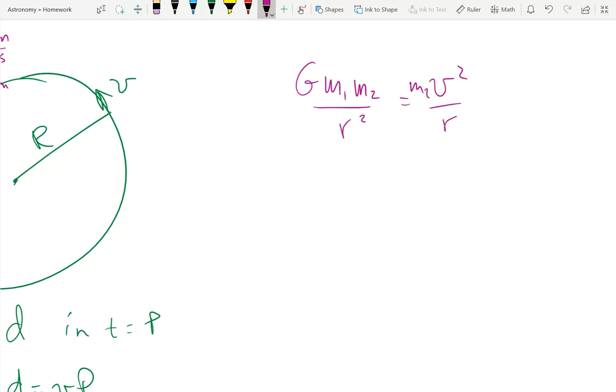And if you solve this, the mass is v squared r over G. And this is then in standard units. You could find the speed in meters per second, the radius in meters, and use the standard G, and that would give you the mass in kilograms if you want to do it that way.